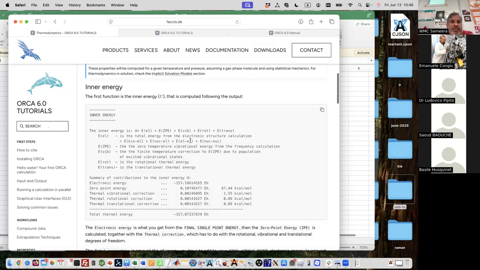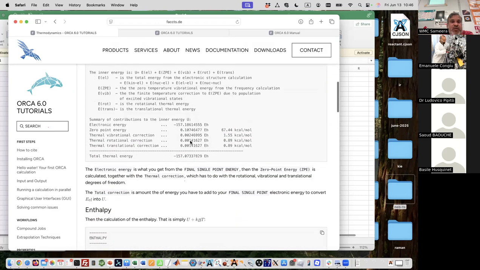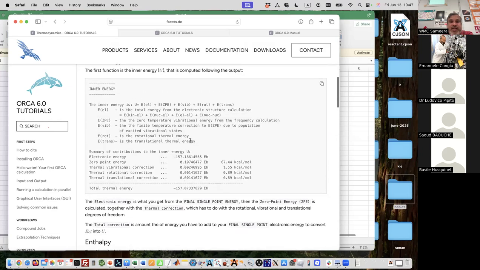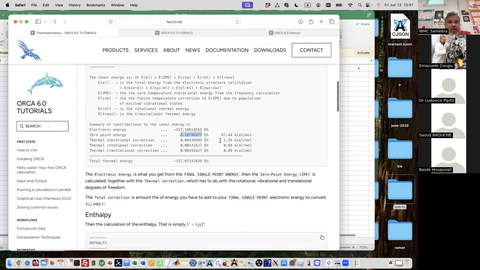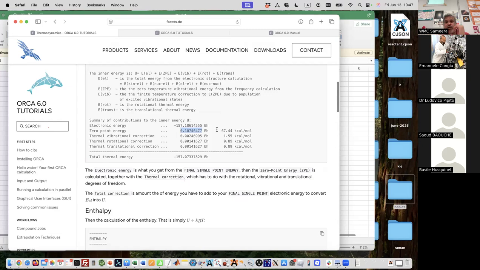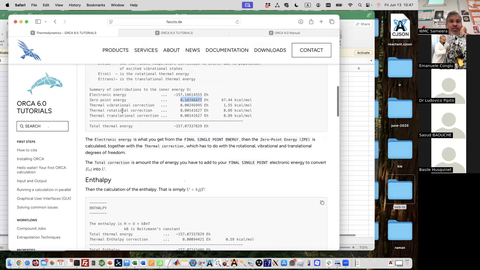Then it will give you many different energy terms. You can find the electronic energy, which is the potential energy of the molecular system, and you can also get the 0-point energy, which you can use in your total energy. You can also get some thermal, vibrational, rotational, and translational energy corrections, and you can get the total thermal energy.